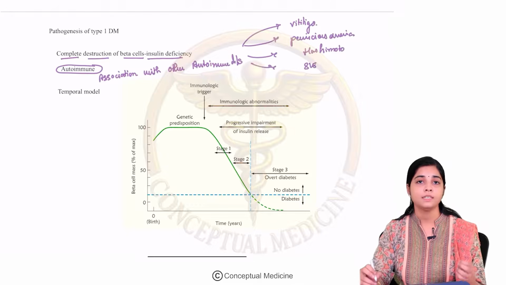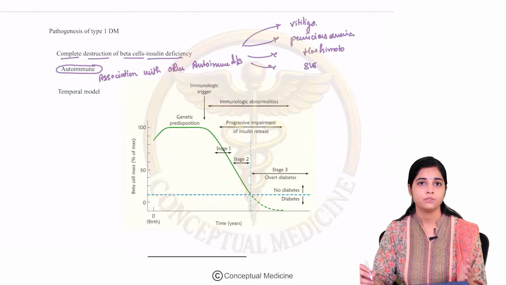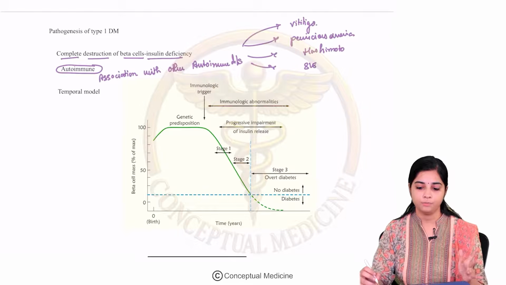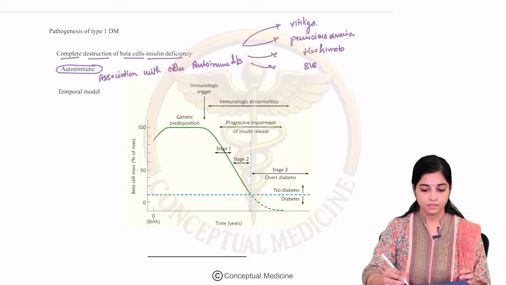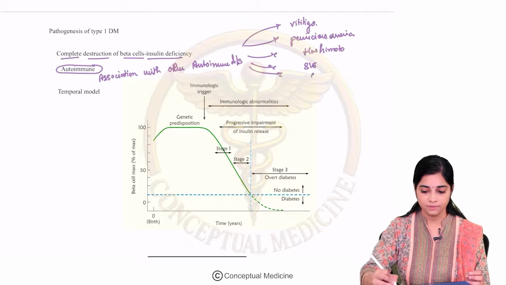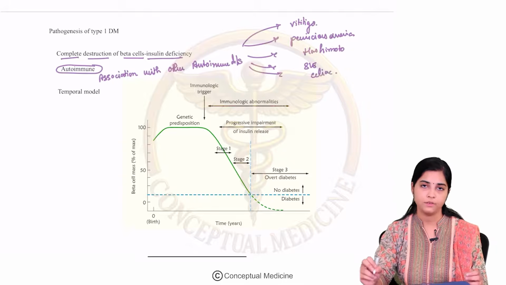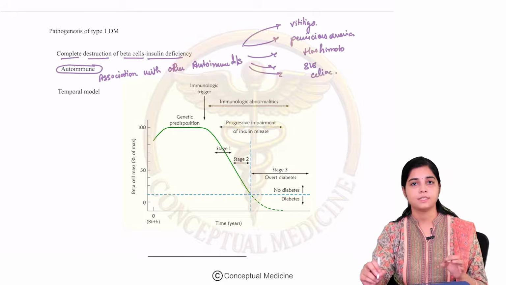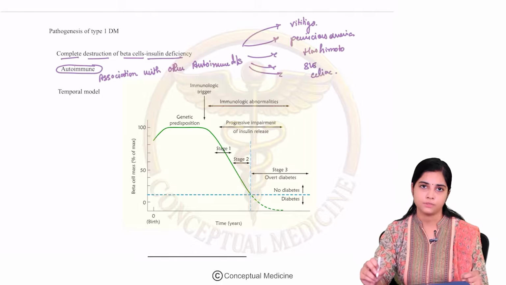So you can see that type 1 diabetes mellitus is usually associated with other autoimmune disorders like vitiligo, pernicious anemia, Hashimoto's thyroiditis, SLE, or even celiac disease. Okay, so the crux of the pathogenesis is that this is an autoimmune process.